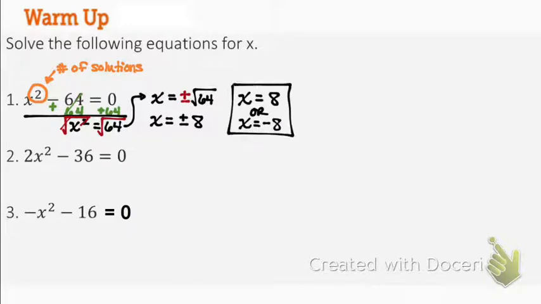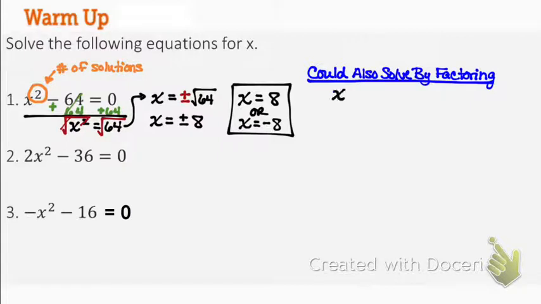This one also has another way of solving it. We could also solve by factoring. So if we're going to solve by factoring, how many terms does this have? 2 terms.